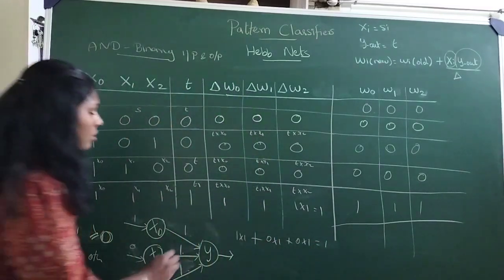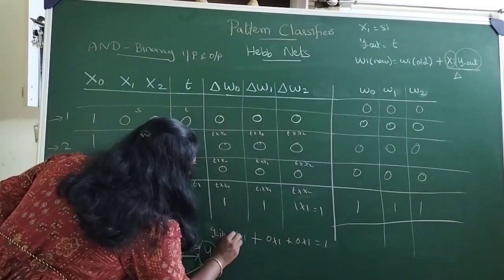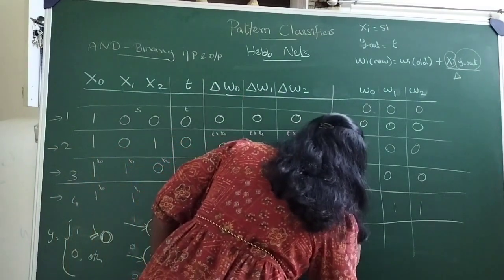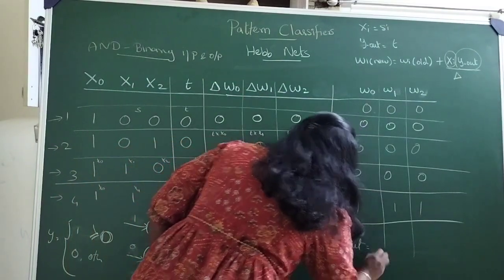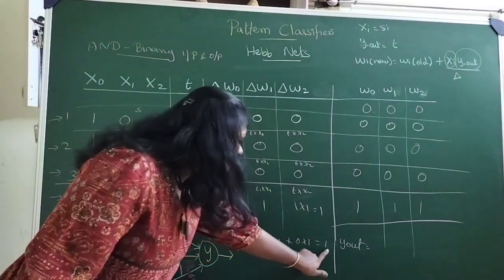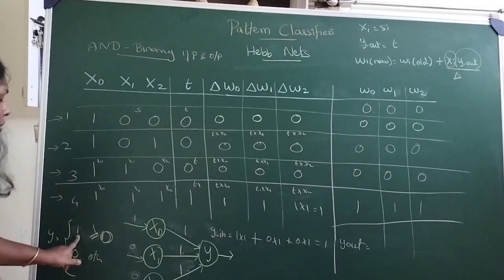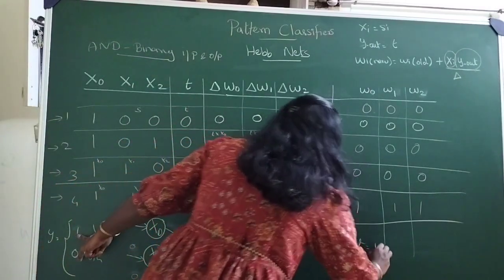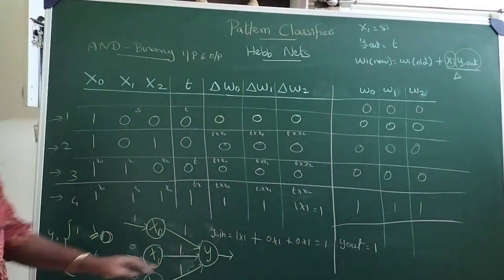So this is the y in value. And what is y out? Y out is what happens after applying the activation function. When the result is greater than or equal to 0, your output will be 1. Got it?